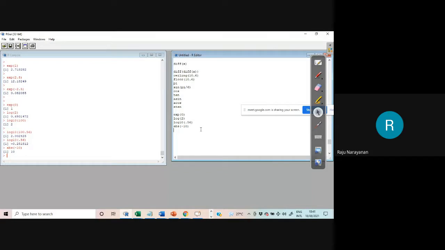What are the other functions? Actually, so many functions are there, and all these things are useful sometimes.